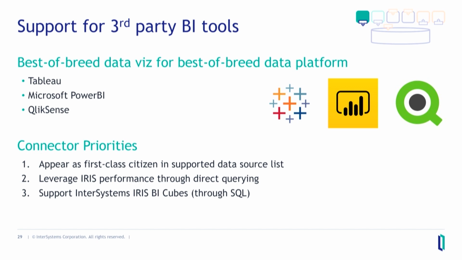And of course, that wouldn't be using the IRIS performance. And then the third thing is the user experience, making sure that people can immediately get all of the metadata out of the cube definition when they're working with these tools, so that they don't have to define their dimension structure all anew.